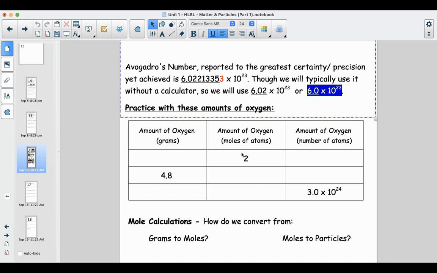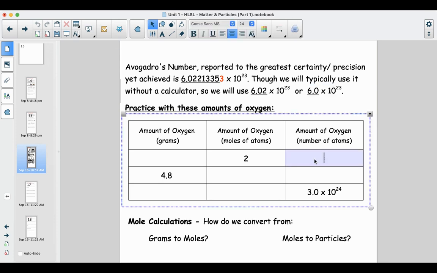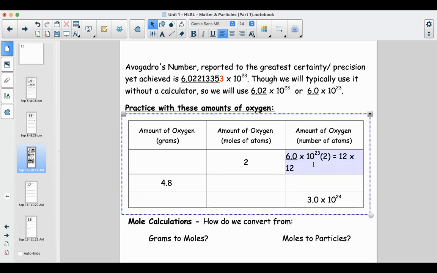Well, if I have 2 moles of oxygen atoms, how many actual oxygen atoms does that represent? If 1 mole represents 6 times 10 to the 23rd, then if I multiply that times 2, I will get 12 times 10 to the 23rd. Now that's not really proper scientific notation, so we would move the decimal place 1 over on the 12.